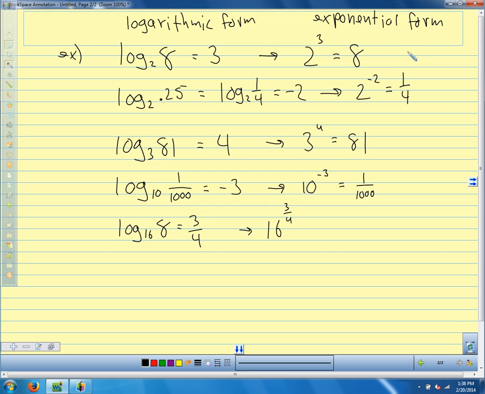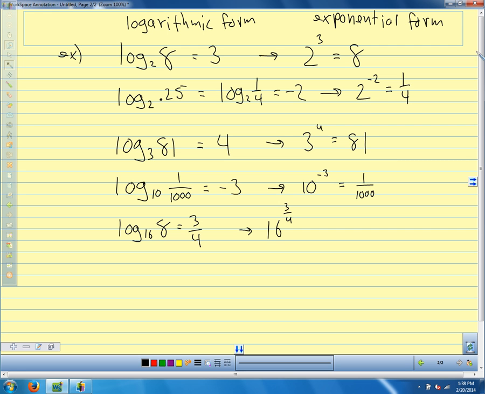So the two mean the same thing. They're telling us the same thing. They're just a different way of writing it. The ability to switch back and forth from logarithmic to exponential form is going to be a good tool to have in this chapter. Seeing how the two are related is how we're going to solve a lot of these problems.